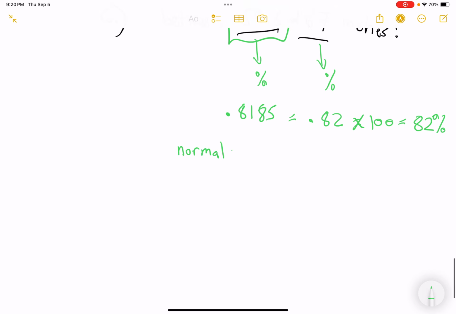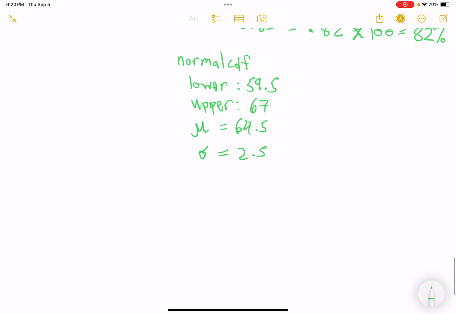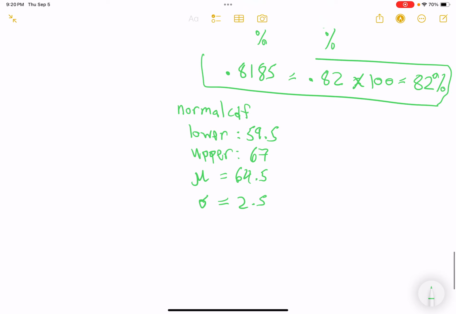We did normal CDF, right? We went in, we set our lower to 59.5. And you'll be doing this work yourself. We set our upper to 67. We set our mean to 64.5. We set our standard deviation to 2.5. And then we got our value up here doing that math.